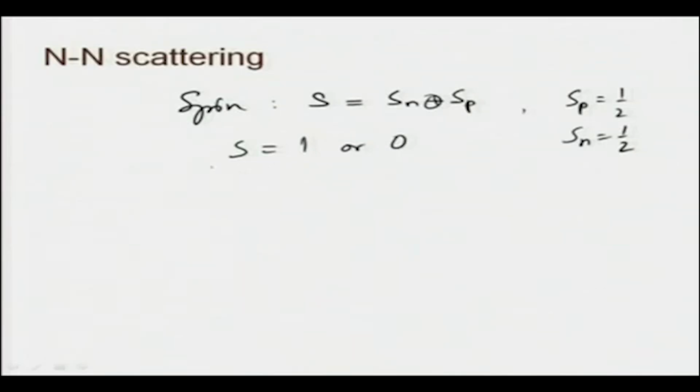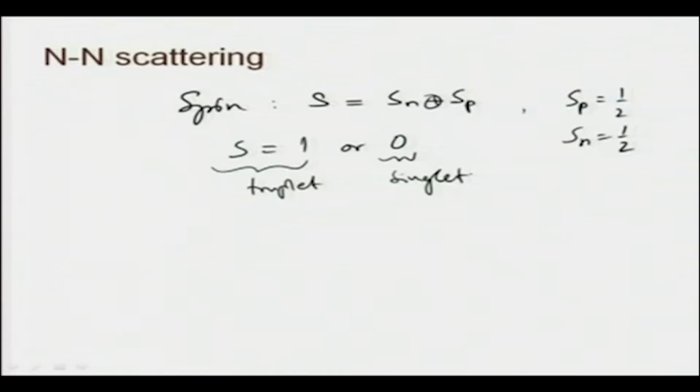So, we have either a triplet combination or a singlet combination. Spin 0 is called singlet because that has only one projection allowed, 0, and triplet has 3 projections, plus minus 1 and 0, allowed. So, it has 3 different z states possible, that is why it is called a triplet.